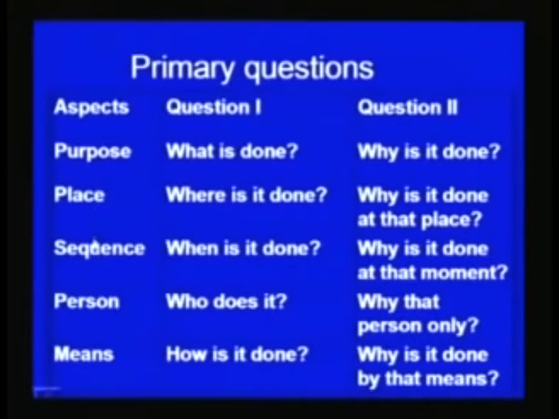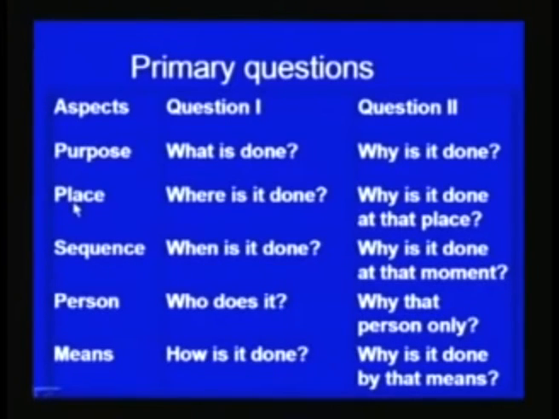These questions will be applied in sequence and in one particular order, in which it has been given. The purpose: what is done, what is the purpose of a particular activity, and why. And what is done when that activity is carried out, and why is it done.